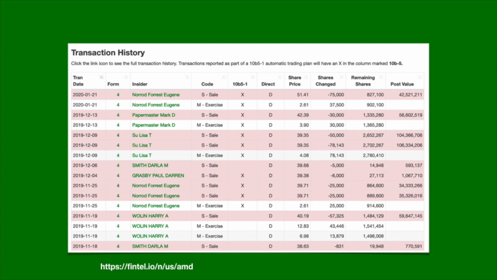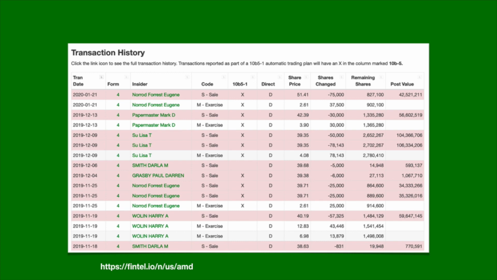Here you can see at the top of this table those same two transactions that we just saw on that form listed. An exercise of a stock option right here, and a sale. And you can see that the share price was $261 for the exercise, $51.41. All of the relevant information from the Form 4 is listed here on this table.